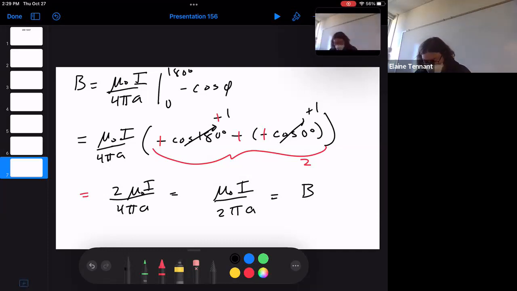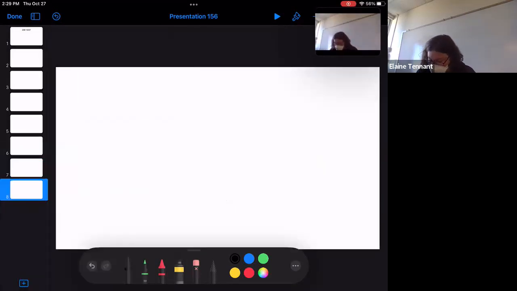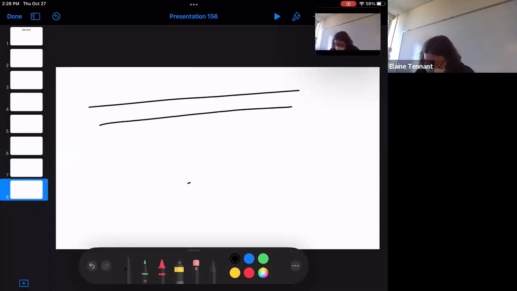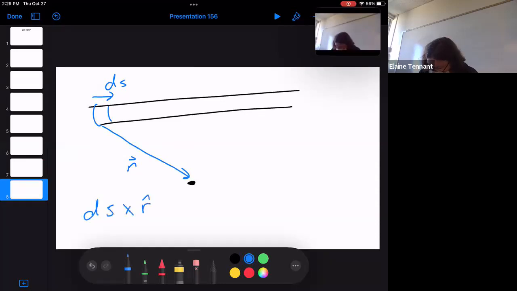Okay, really quick, if I had chosen a spot on the bottom of the wire, so if I chose this to be my spot, there's my ds, there's my r hat, well, r vector. Can you guys do me a really quick right-hand rule on ds cross r hat for this scenario?